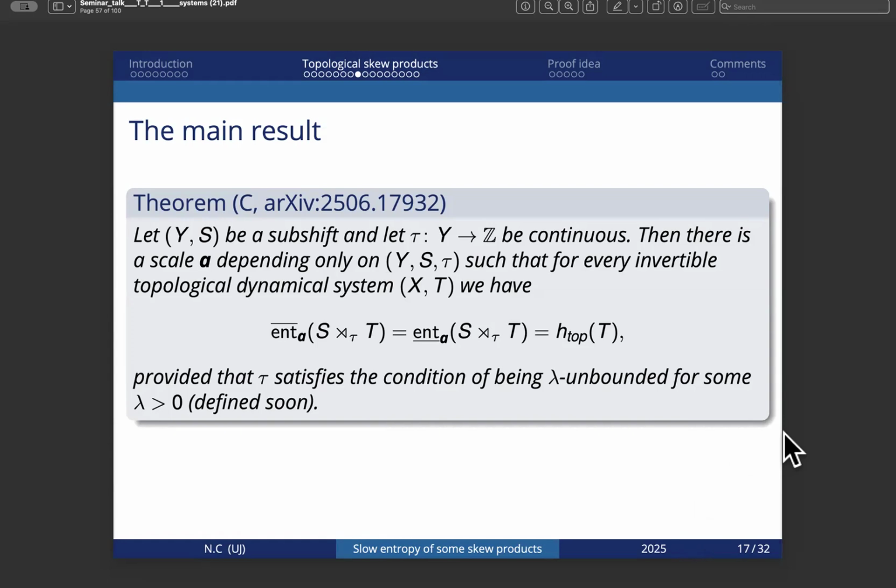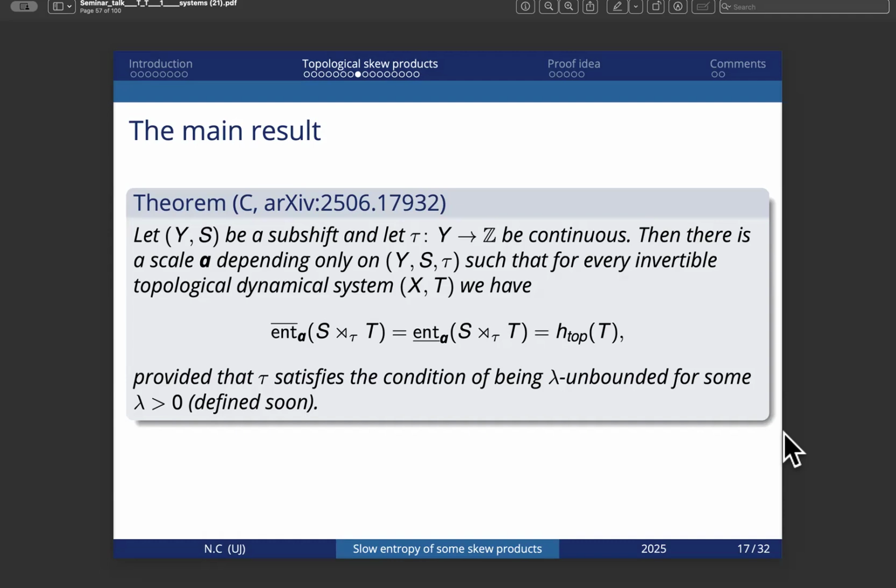Actually, it's another sort of question. One of the main reasons you were talking about this is you wanted to distinguish different systems, different extensions of y. But now, if your scale depends on y and also depends on tau, wouldn't you be in trouble?